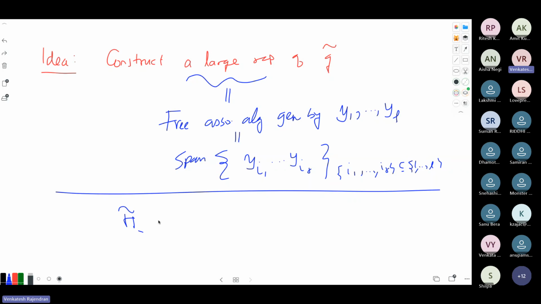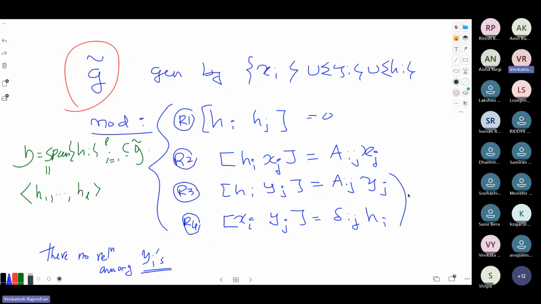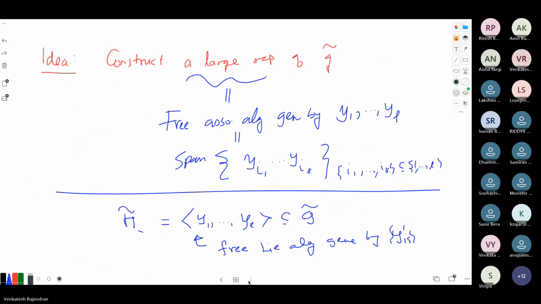That means that it is supposed to be the free Lie algebra generated by y1, etc., yl, sitting inside G tilde. So this is supposed to be the free Lie algebra generated by the yi's, because there is no relation among the yi's. That's an intuition; we need to prove all this.